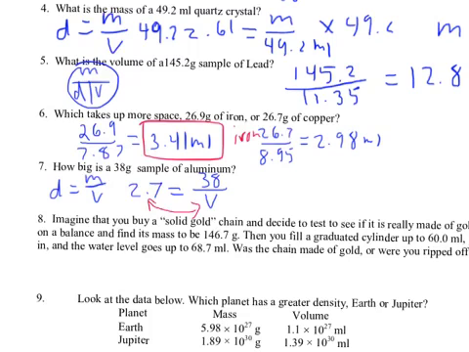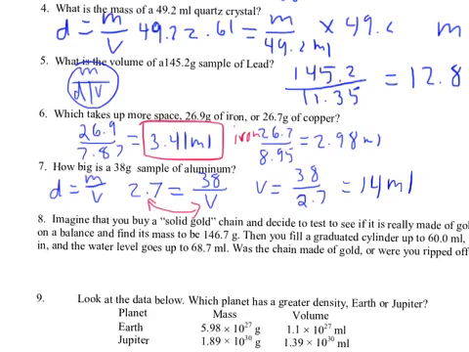So I'm going to swap these two, and that gives me V equals 38 over 2.7. By the way, I could have got that using the equation circle, because if I'm looking for volume, it says take the mass, which is here, and divide it by the density, which is here. So either way it works. What I find when I do this is that the volume in this case is 14 milliliters.